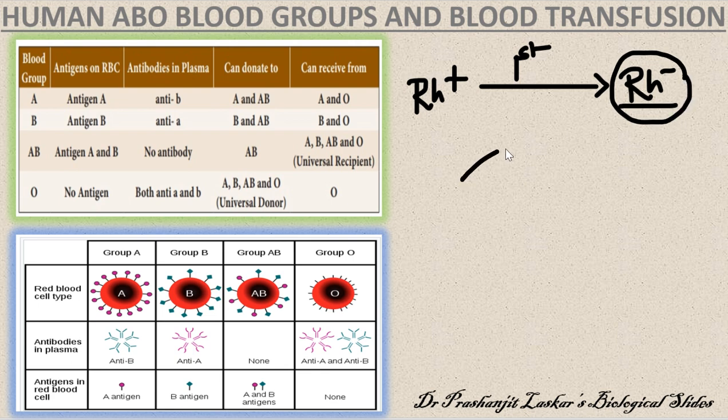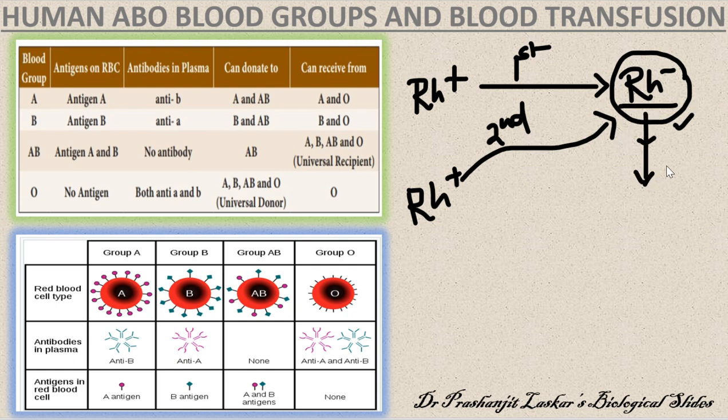This is the first transfusion. Now it is the second transfusion of Rh positive blood to such a person, which results in clumping of donor's blood cells, because Rh antibodies already developed in the recipient's blood react with Rh antigen.